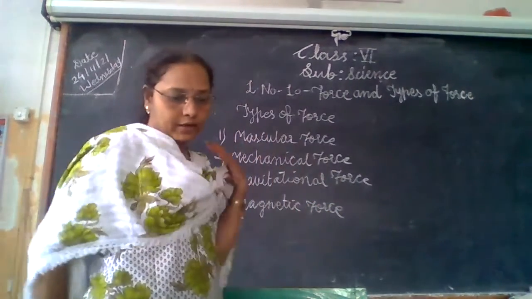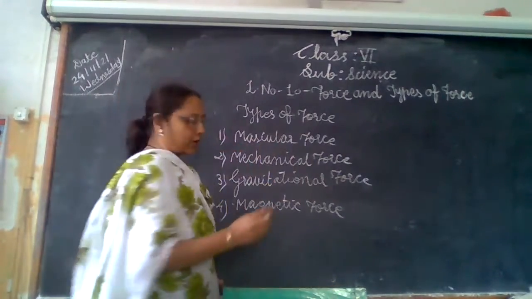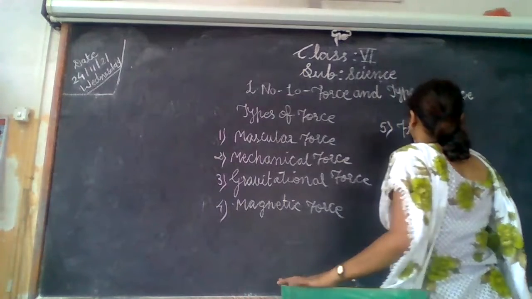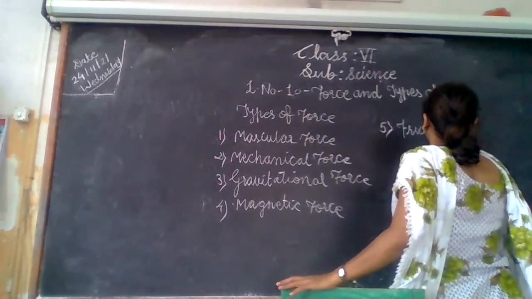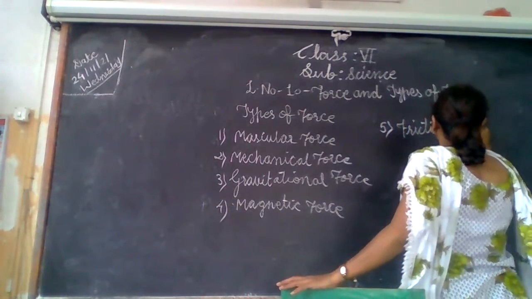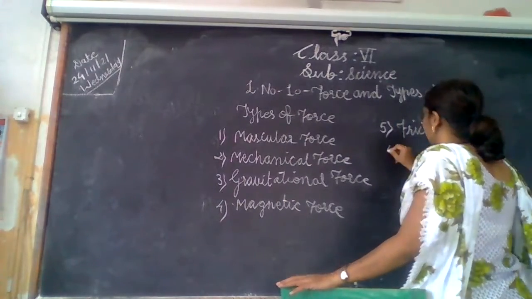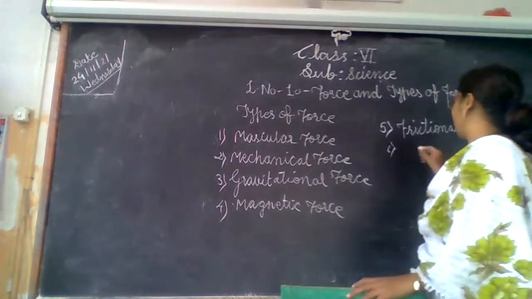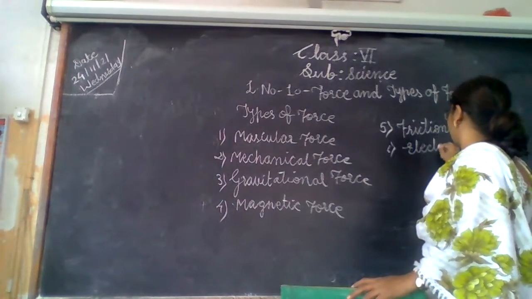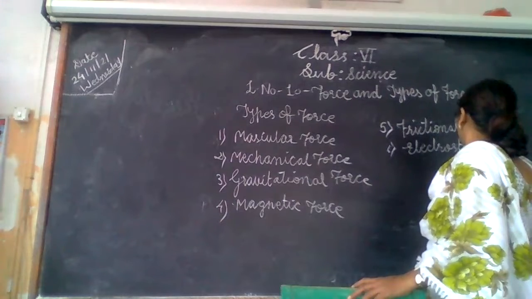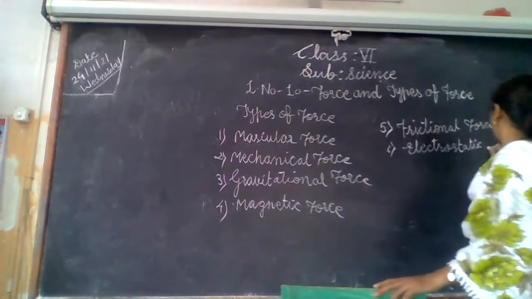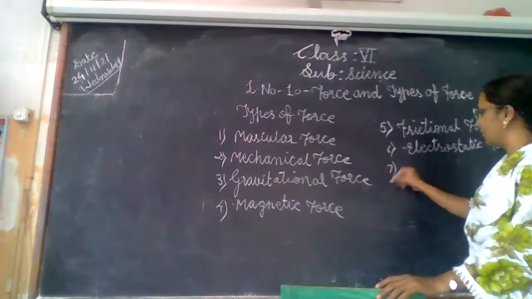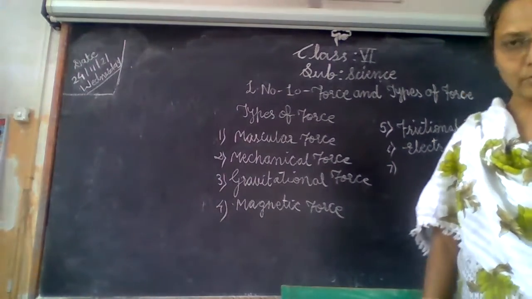Fourth type is magnetic force. Then fifth type is frictional force. Sixth type is electrostatic force.